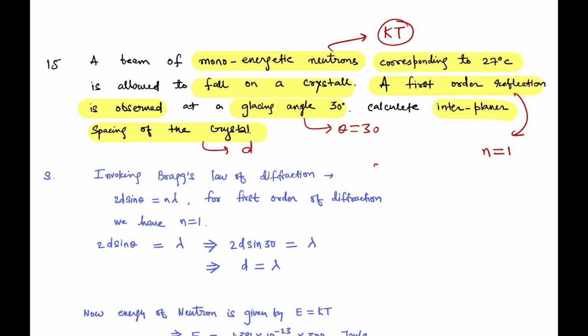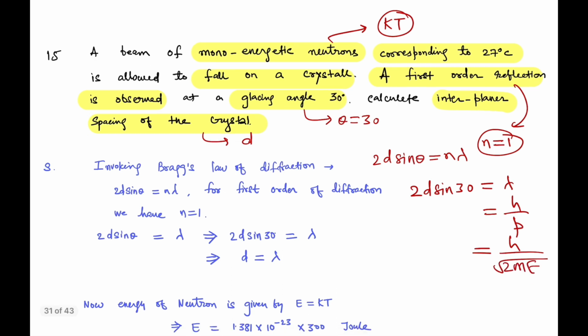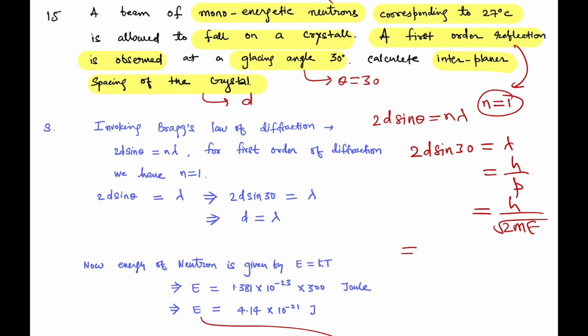We know the formula 2d sine theta is equal to n lambda, and the thing is very simple. For n equal to 1, we get 2d sine 30 equal to lambda, and lambda is nothing but h by p, and p is nothing but square root of 2 m E, and we know that E is nothing but kT, so p is the square root of 2 m kT, and this equals 2d sine theta.